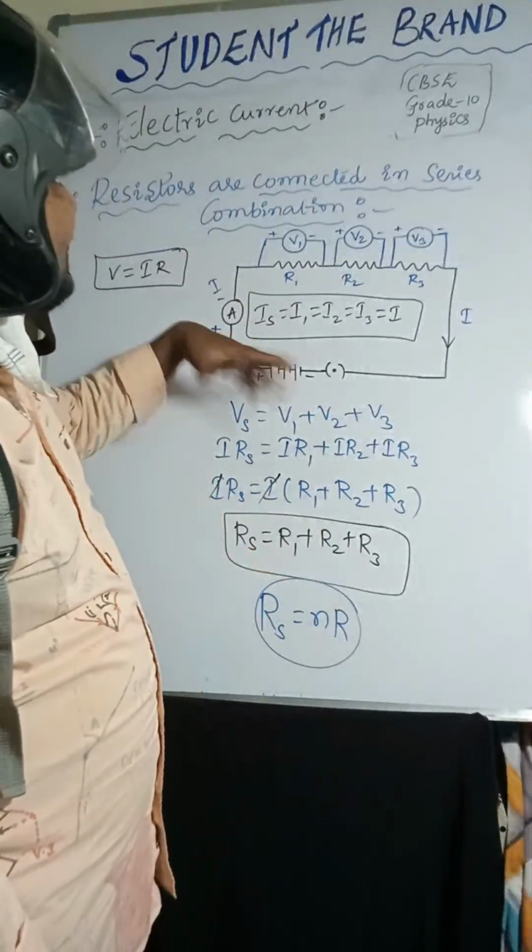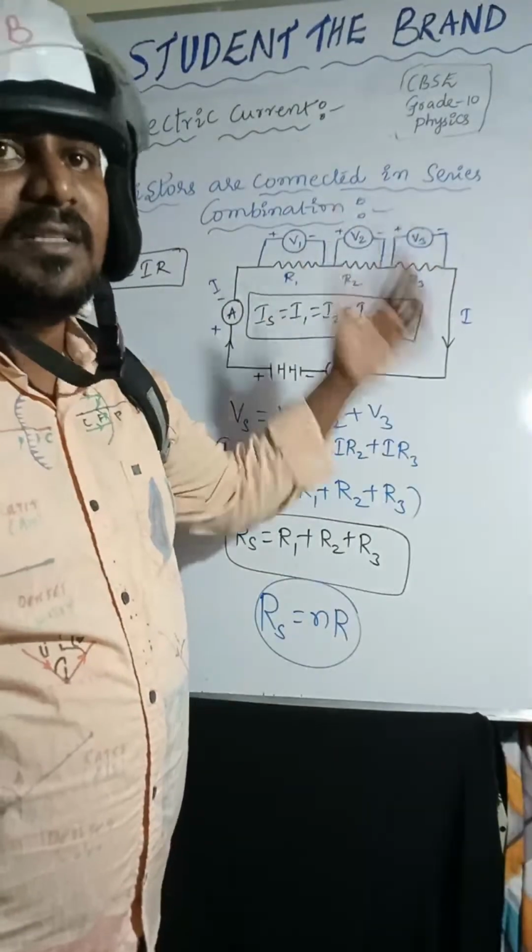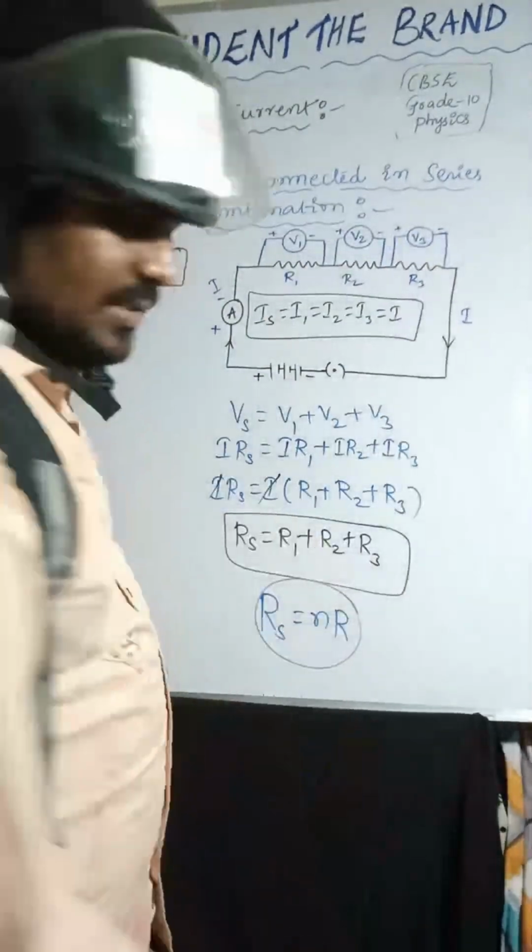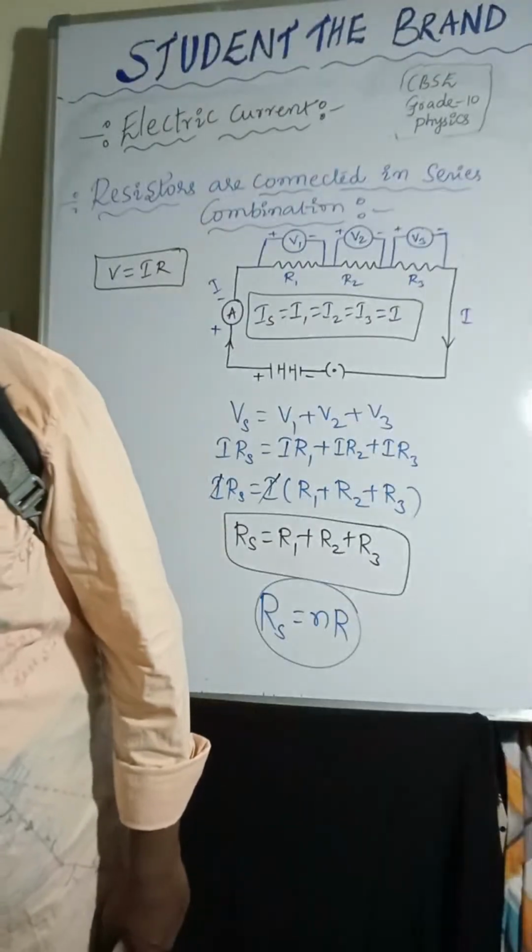If resistors are connected in parallel combination, what is that? So now I will explain.